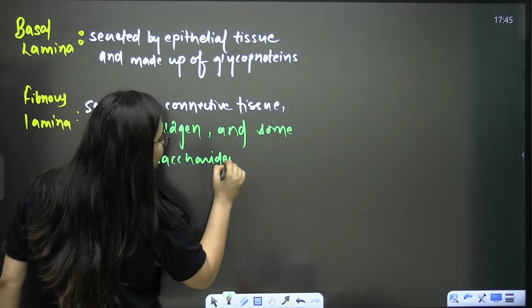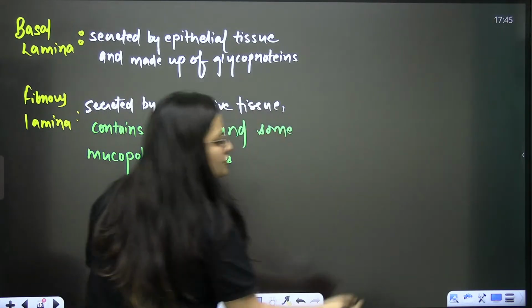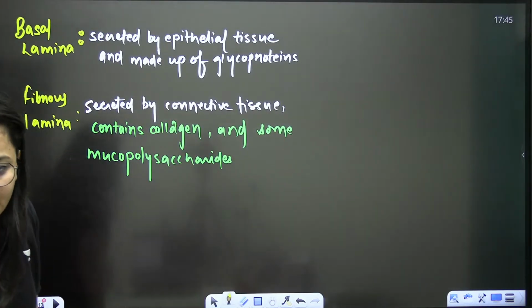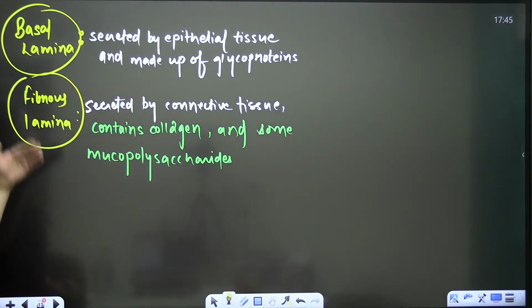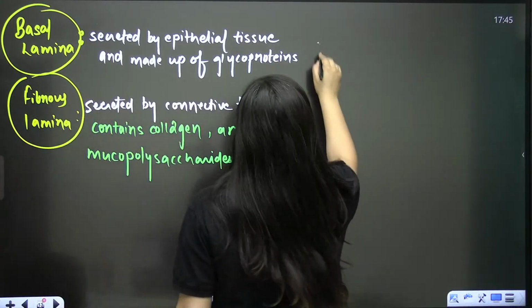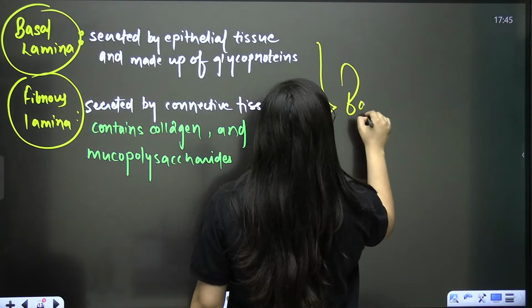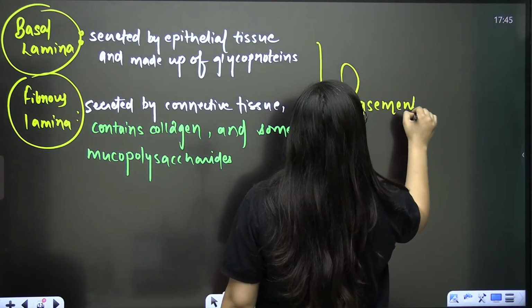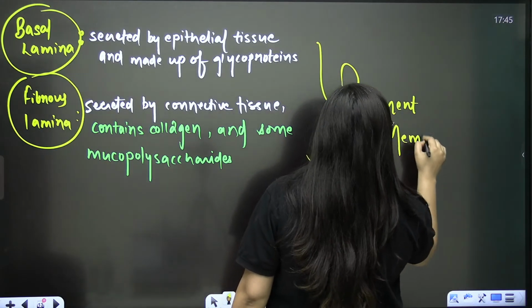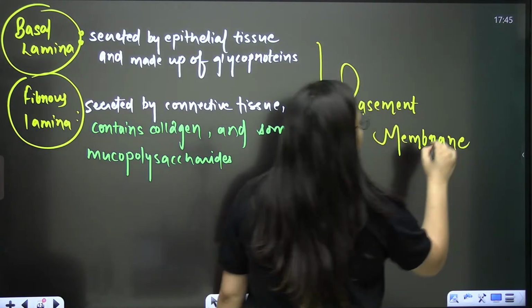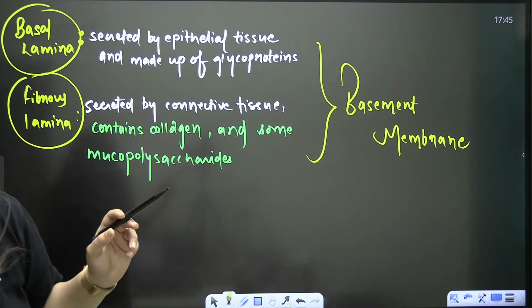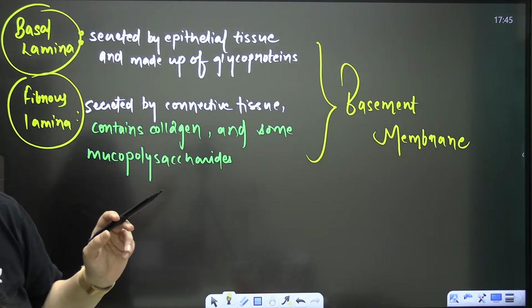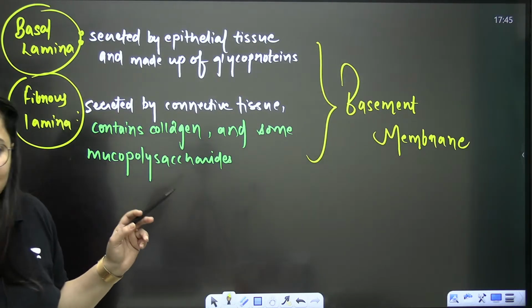Are you getting it? So both of them together make the basement membrane, and on this basement membrane your epithelial tissue is lying. Is that clear?